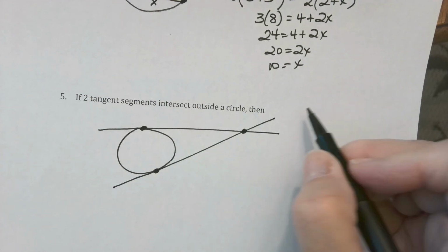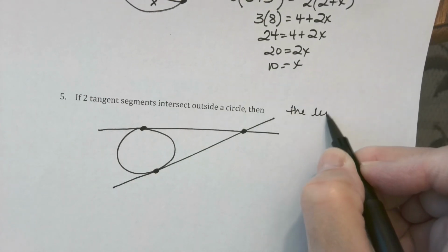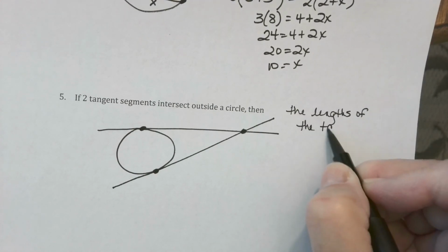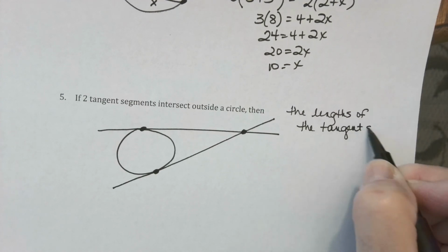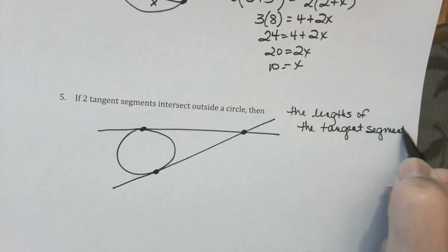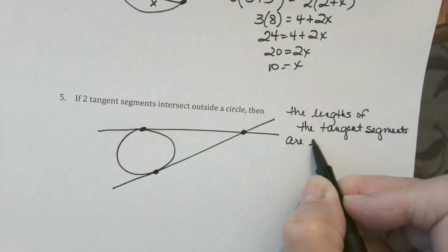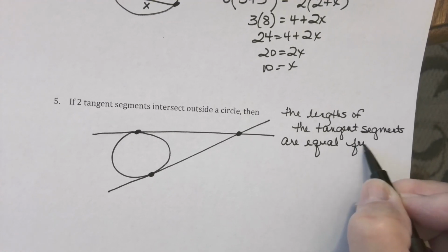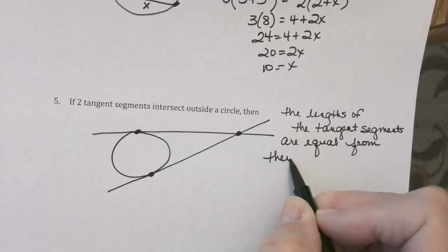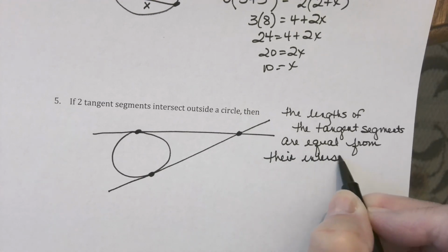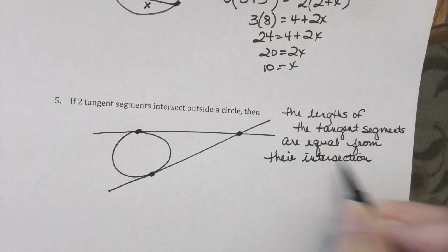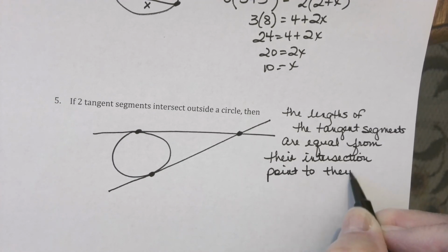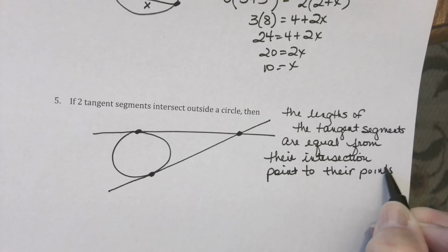Then the lengths of the tangent segments are equal from their intersection point to their points of tangency.